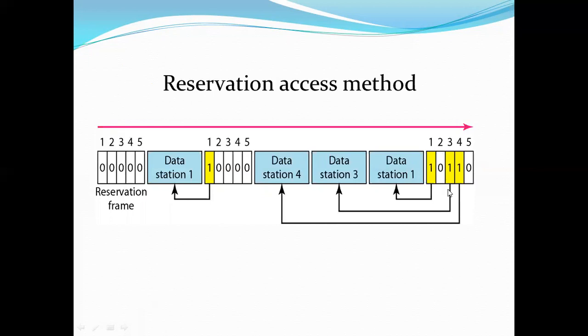In this case, we have taken 5 stations. With 5 stations, the reservation frame should be divided into 5 mini slots, and every mini slot is assigned to an individual station.